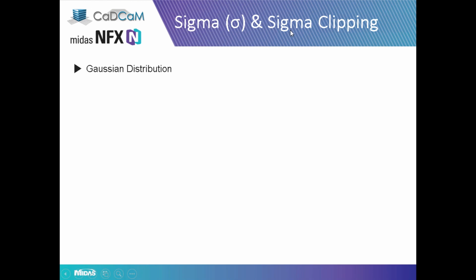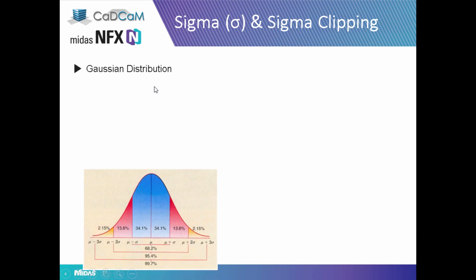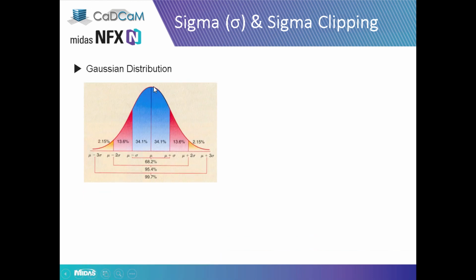The Gaussian distribution and sigma clipping. Let's elaborate on the following percentages. 68.2% defines plus or minus 1 sigma, which is the lowest time that the system is exposed to.